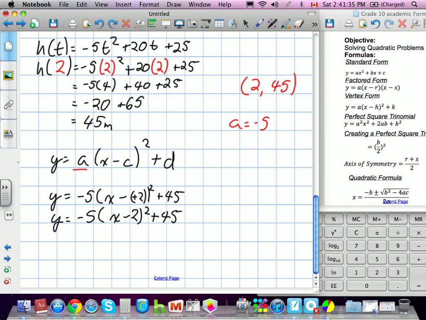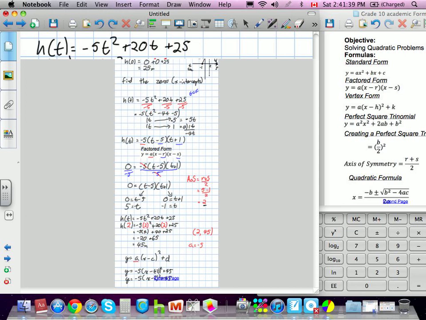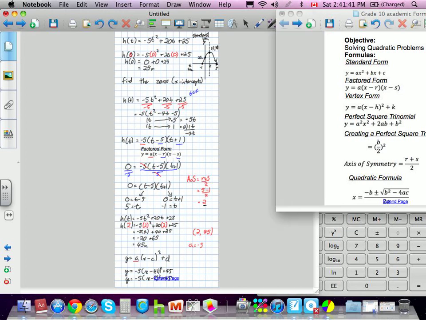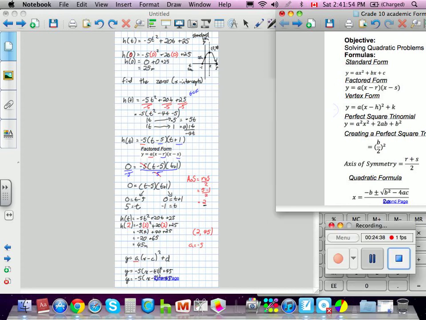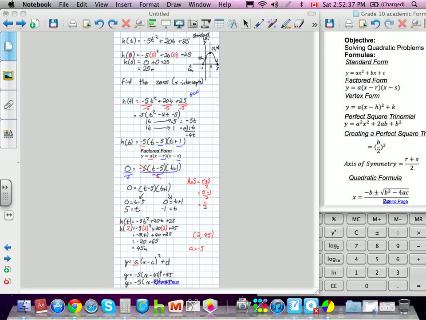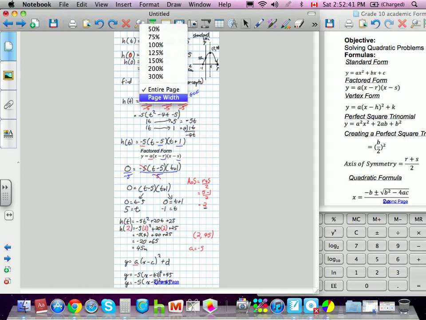So we've just gone from standard form into factored form, and with all the information we gathered, we can create a vertex form. So we have 3 different forms there. We started in standard, got factored halfway, and finished with a vertex form. So I'm going to jump down to that vertex form again, the very bottom.